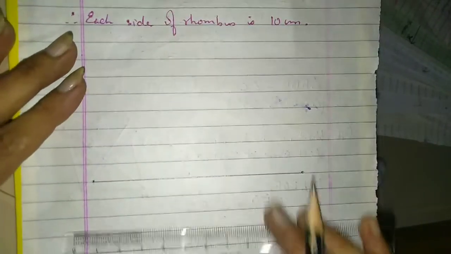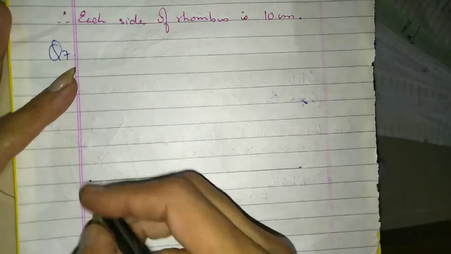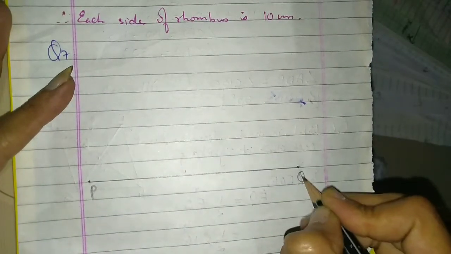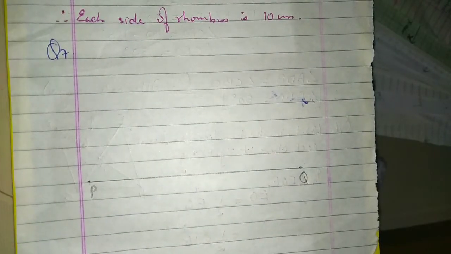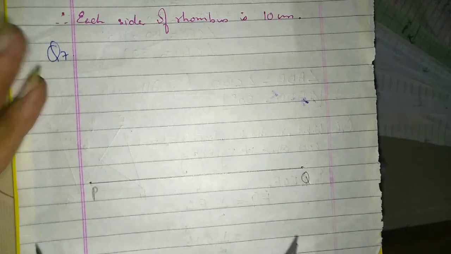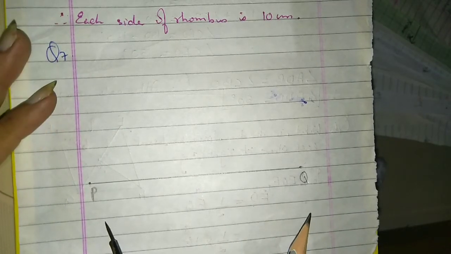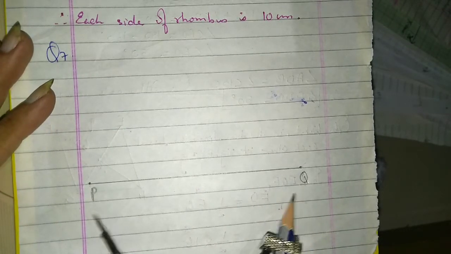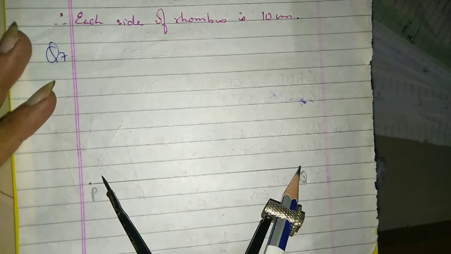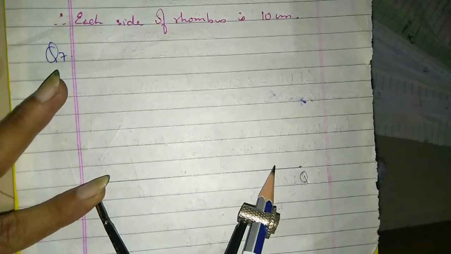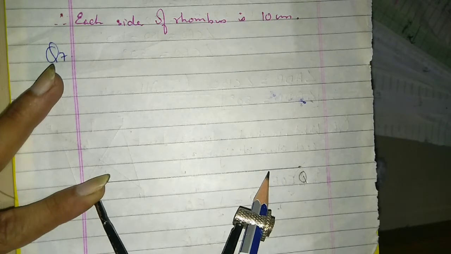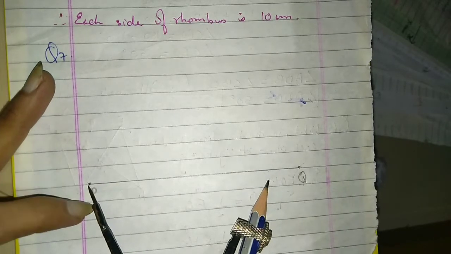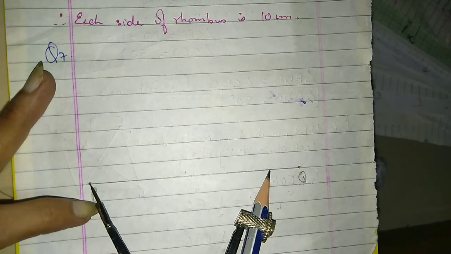We will give this the name PQ. Now what we have to do is draw the perpendicular bisector of PQ. Why perpendicular bisector? Because diagonals are perpendicular bisectors of each other. For the other diagonal we have to draw the bisector. So I am taking more than half of PQ.